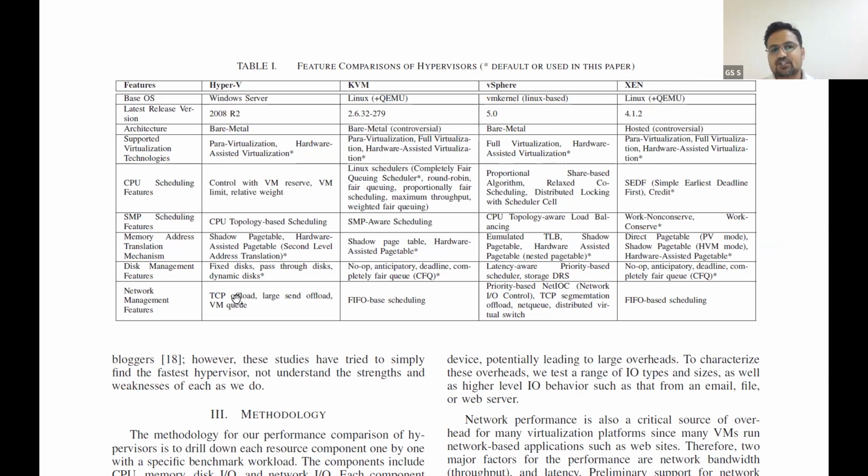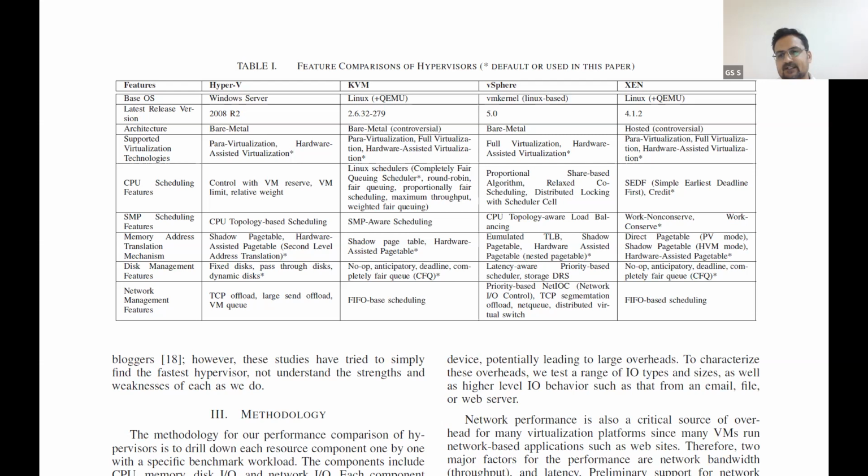There is a comparison on CPU scheduling, SMP scheduling, memory translation, disk management, and network management. A bit about it. See, most of the scheduling algorithms of these hypervisors, I gave you an idea earlier that there is one additional layer added in scheduling vCPUs to physical CPUs.